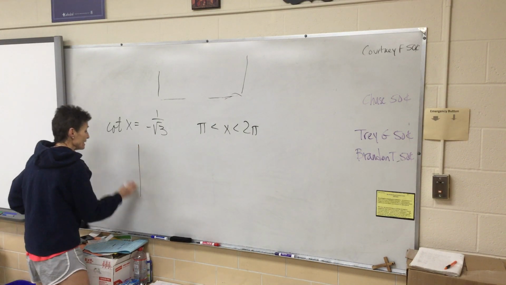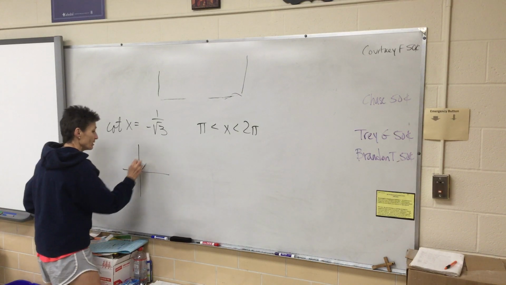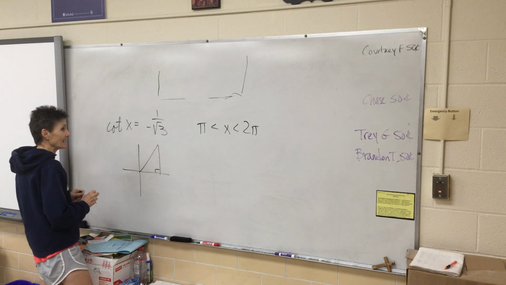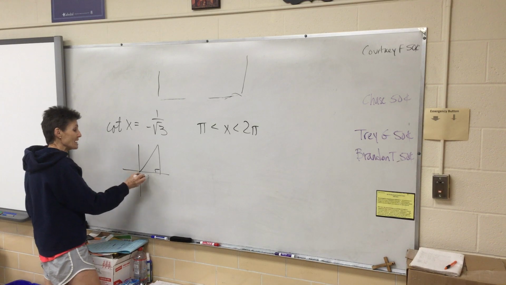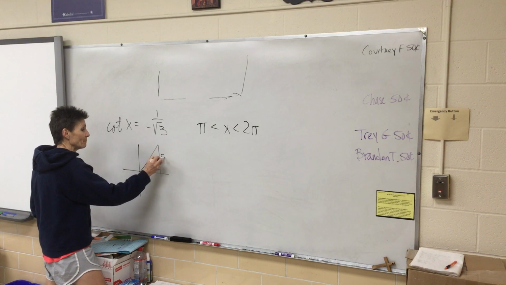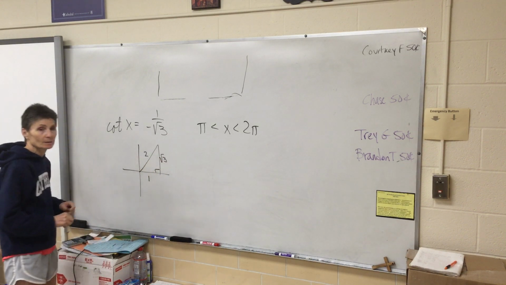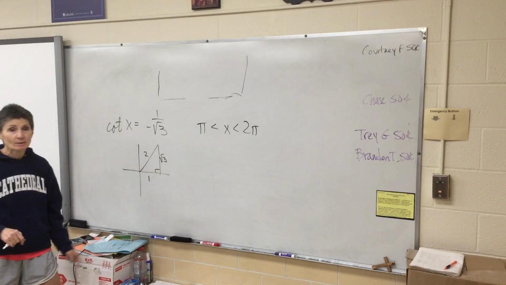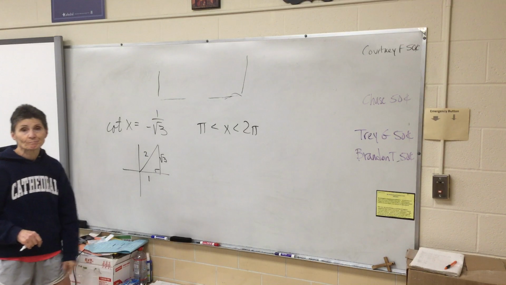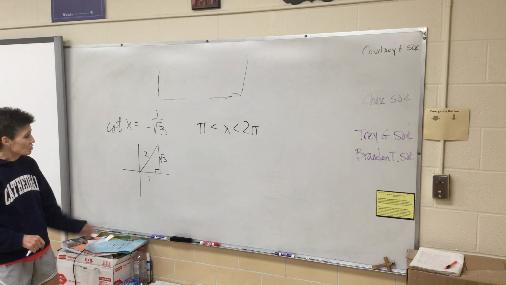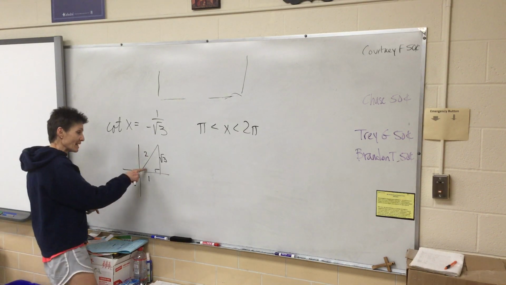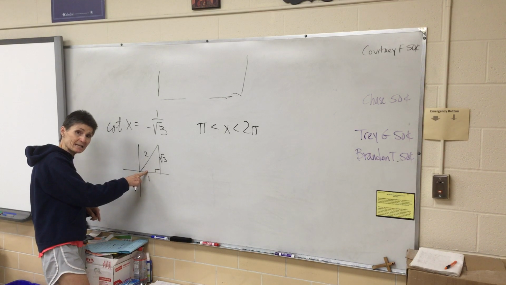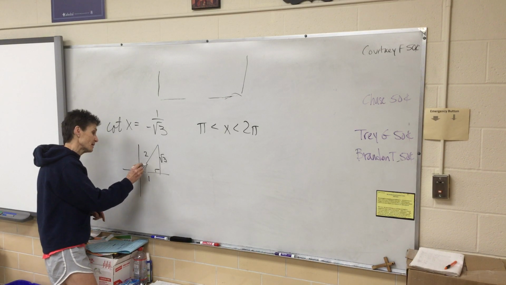I need an angle, and I'm just randomly going to draw an angle, try to figure out how big my angle is. I need adjacent to be 1 and opposite to be √3. Cotangent is adjacent over opposite, x over y. So I know that special triangle, I know that's a 60. This is a 30, 60, 90 triangle. That's a 60. It's pi over 3.